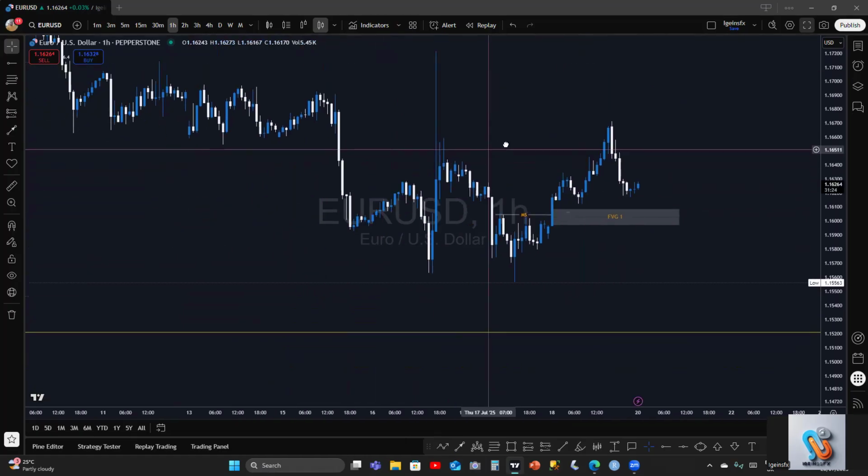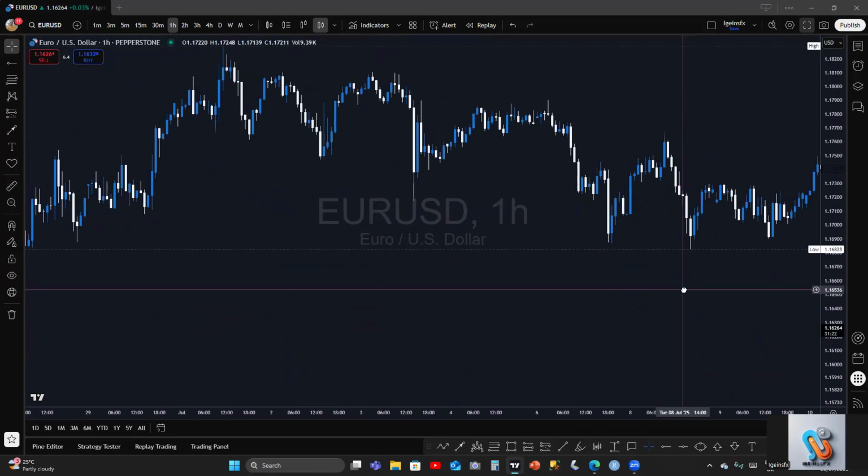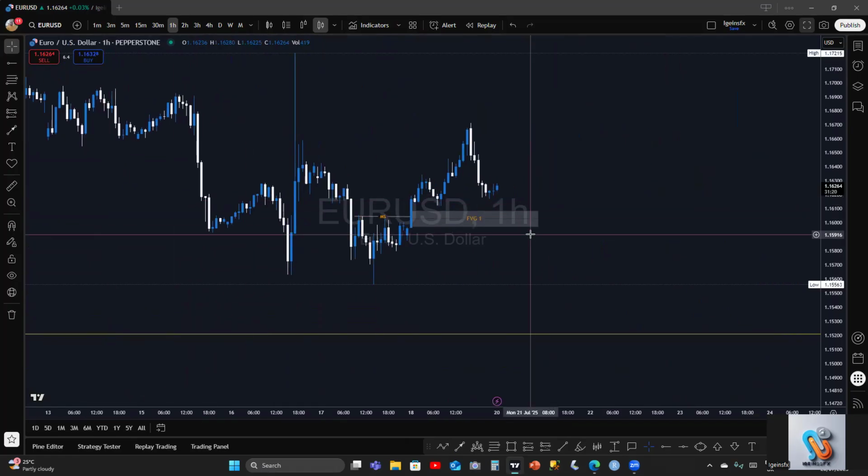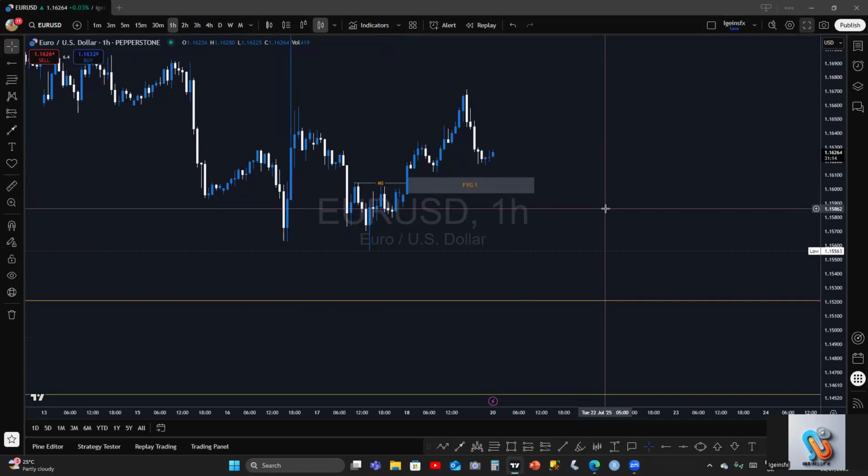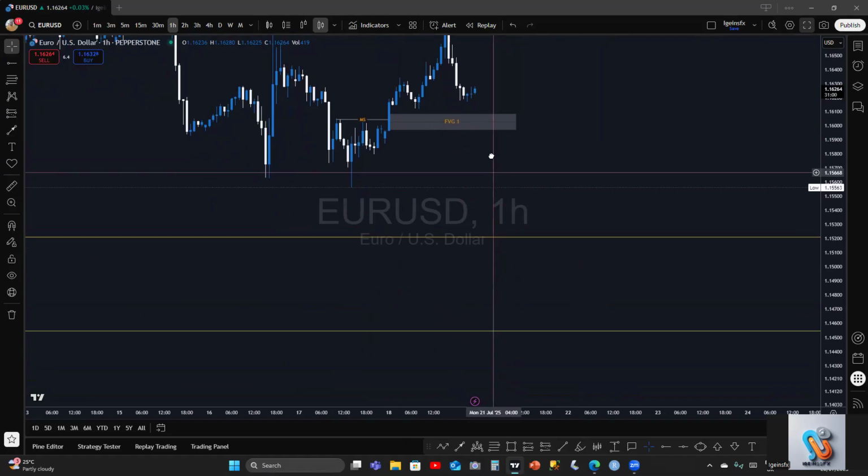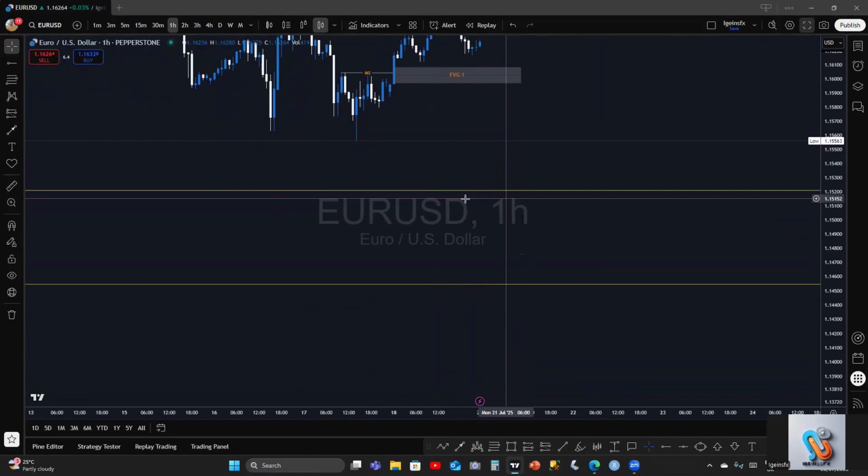As far as I'm concerned, the overall analysis of the EURUSD, we should be looking to buy, but we have to wait for price to get here before we can buy. But if price action breaks this level down, that means we should be waiting for price here.